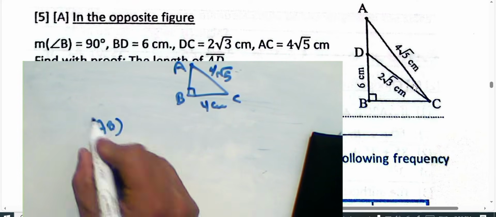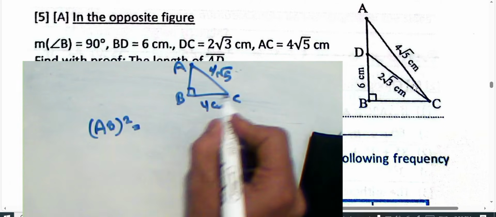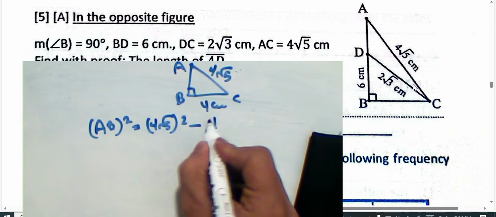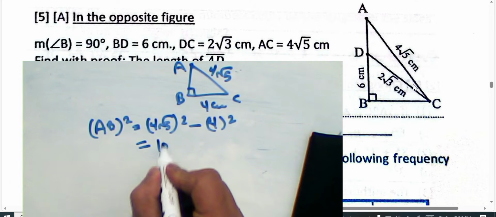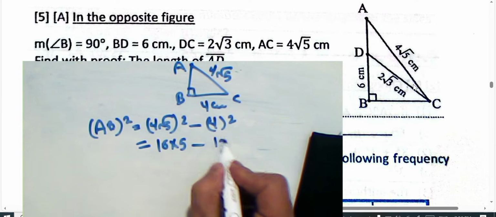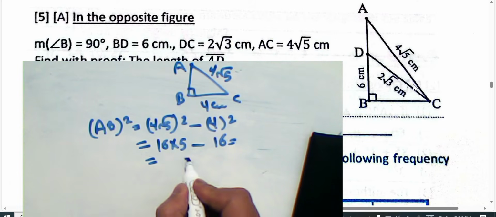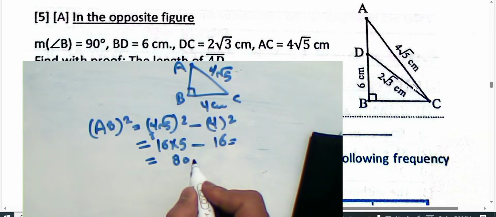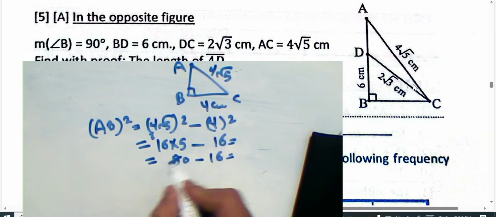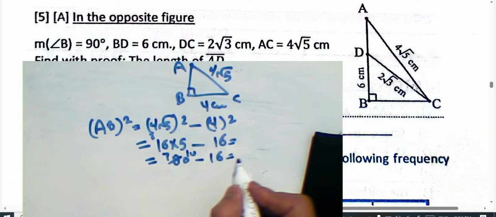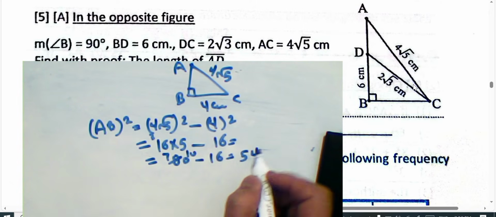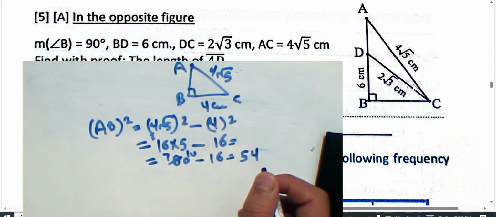We write AB power 2 equals hypotenuse power 2, 4 √5 power 2, subtract by 4 power 2. 4 times 4 is 16, 16 times 5 subtract by 16. 5 times 6 is 30, 0 and carry 3. 1 times 5 plus 3 equals 8, subtract by 16. 10 minus 6 equals 4, 7 minus 1 is 5.